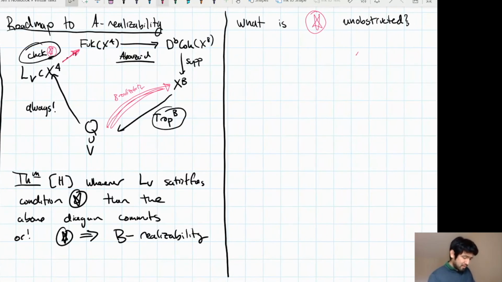Maybe I should say what is condition star. Over the years, condition star has become enlarged to contain a larger and larger set of symplectic manifolds.